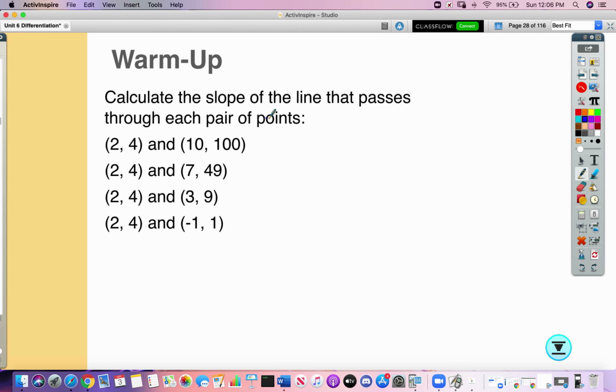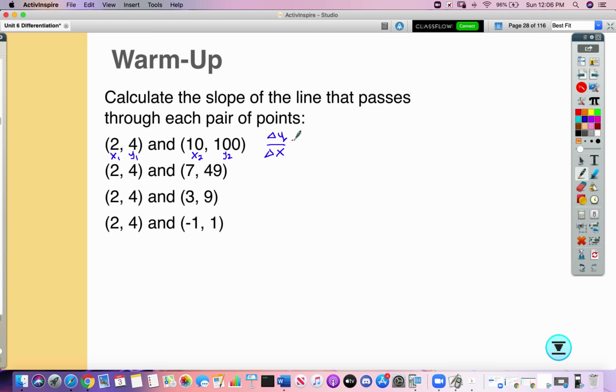Now, did you guys calculate the slope already? If you recall from pre-algebra, this is your first point and this is your second point. So you've got your first x value, your first y value, your second x value, and your second y value. And you're going to calculate the change in your y values and divide it by the change in your x values.